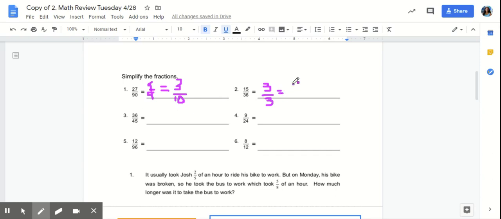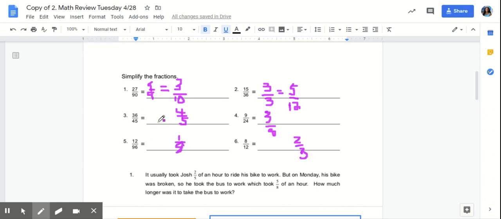And so my simplified fraction will be 5/12. So using that strategy, I want you to make sure that you check over all of your work. If you find any mistakes, please go back and fix it.